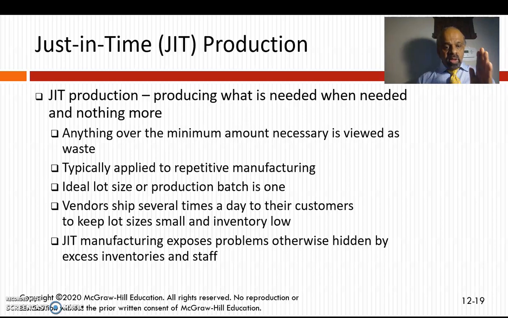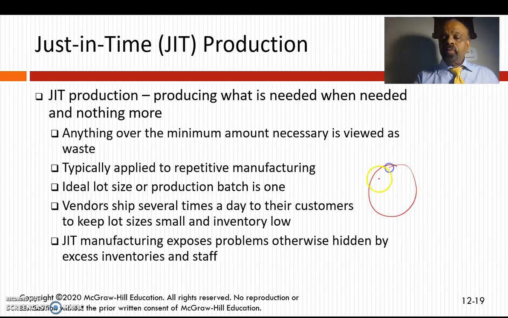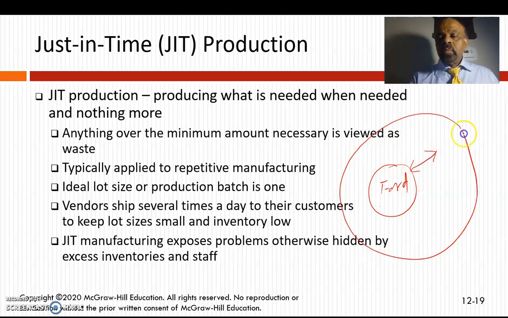We think about ideal lot size or production batch. Vendors ship several times a day to their customers to keep lot sizes small and inventory low. So for this, for instance, the Ford assembly plant in Chicago, which is outside Chicago, many of their suppliers are about a 20-30 mile radius max.